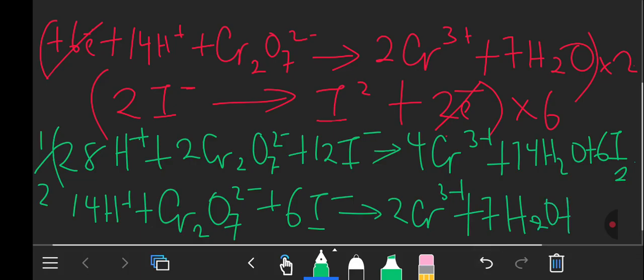Then half multiplied by 6 iodine, you're going to have 3 iodine. So 3 iodine there.